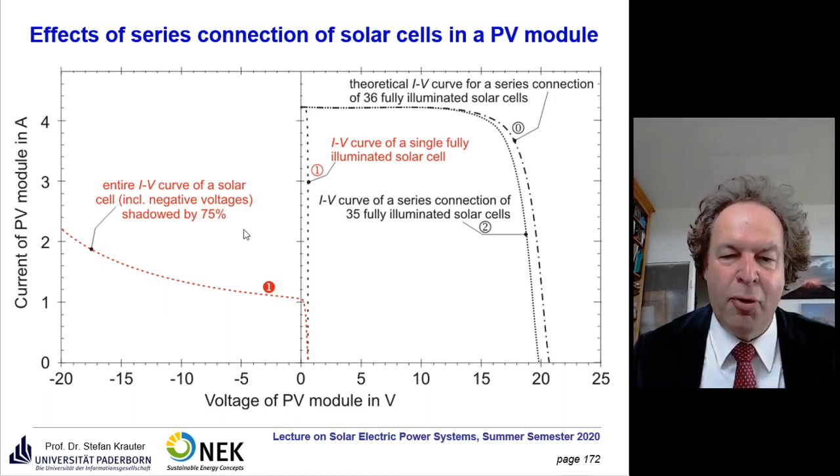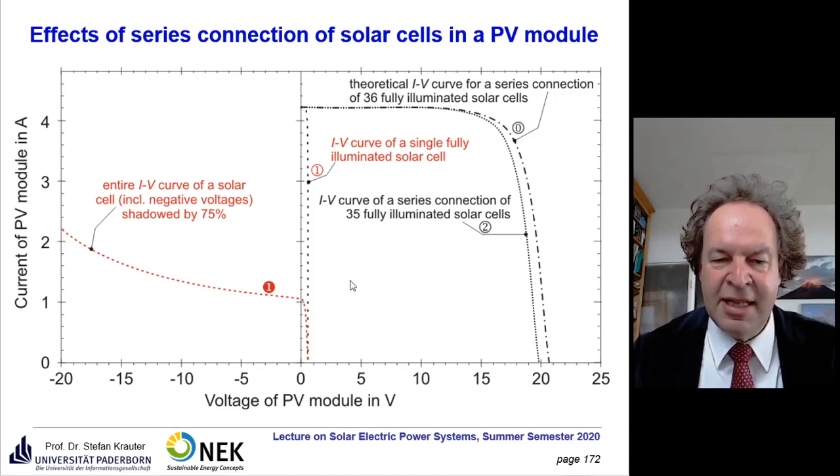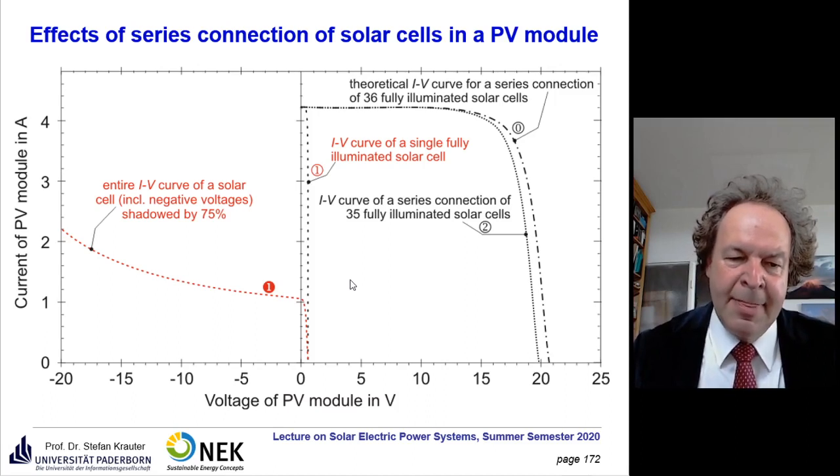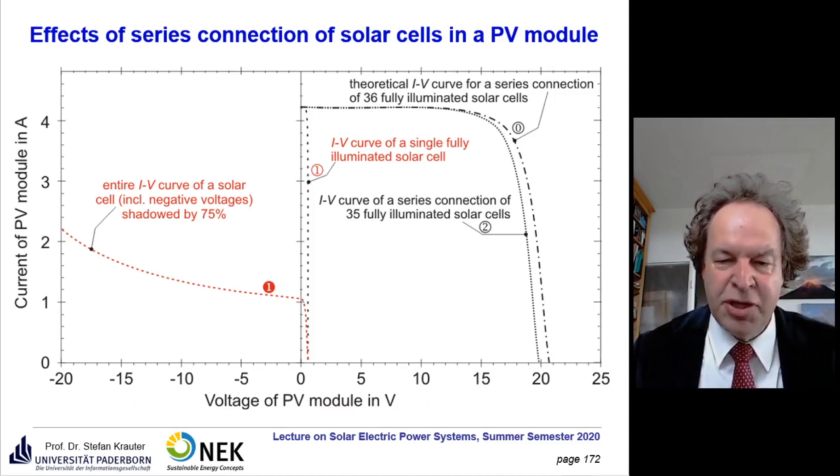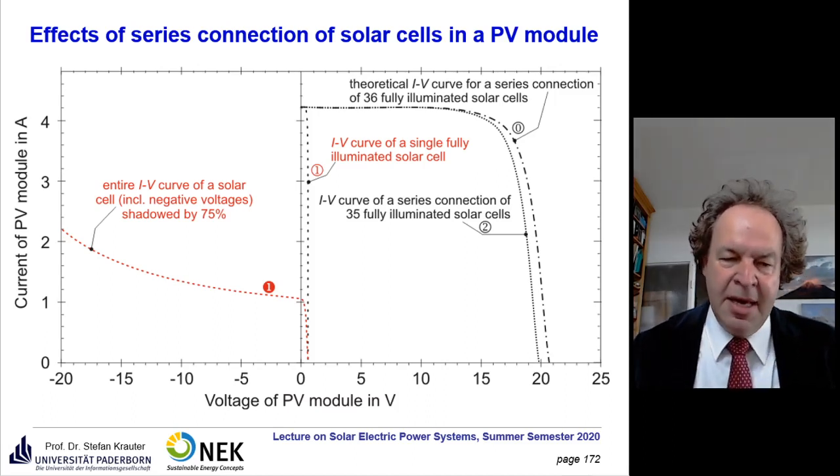And why is this important? Because if we interconnect 35 fully illuminated cells and one cell which is only illuminated by 25% in a circuit, considering also the load, then there will be negative currents.